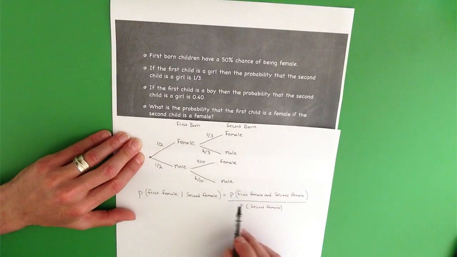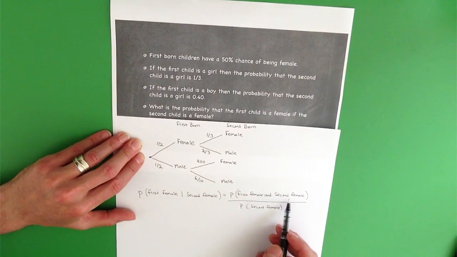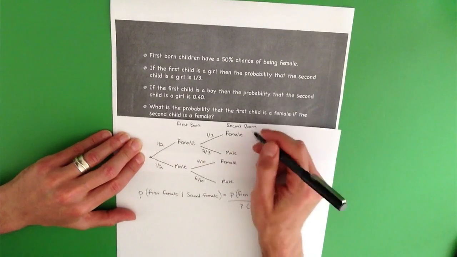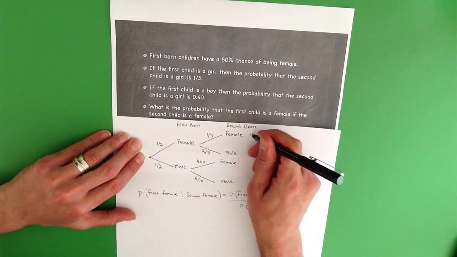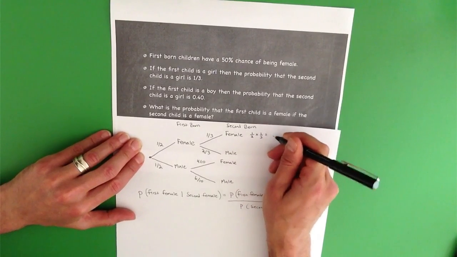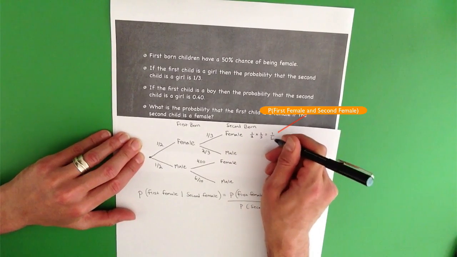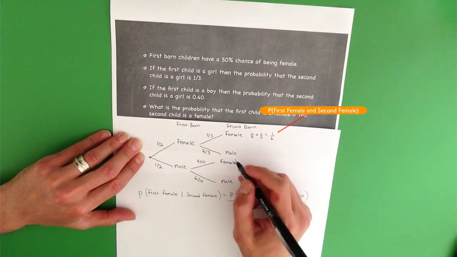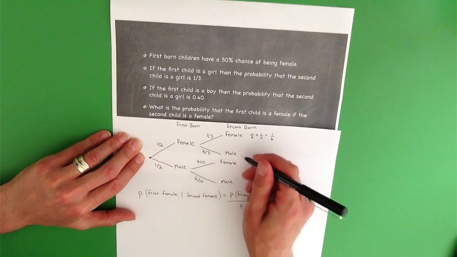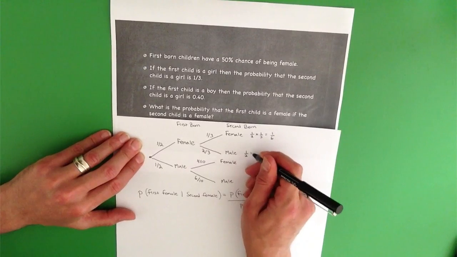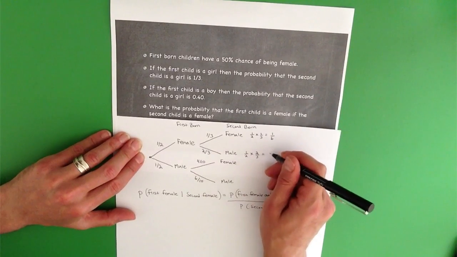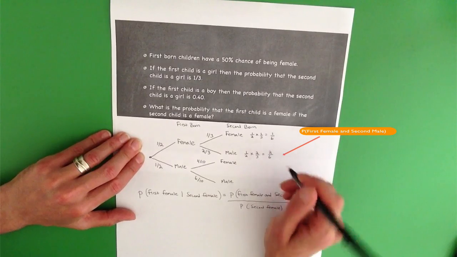Well, where's this first event in the tree, that the first is female and the second is female? That's if you go along here. And that's simply 1/2 times 1/3, and that's 1 out of 6. The probability that the first is female and the second is male is 1/2 times 2/3, and that's 2 out of 6.